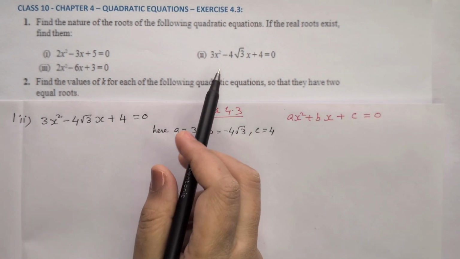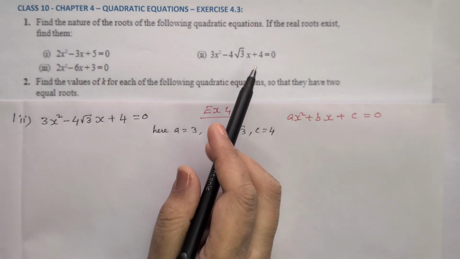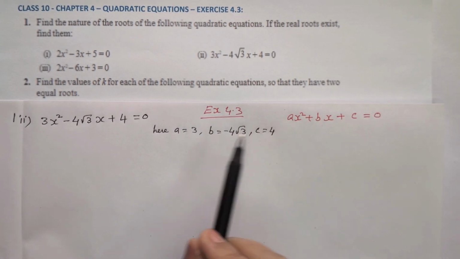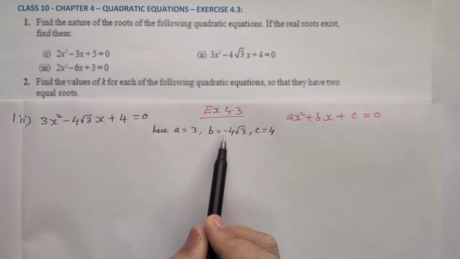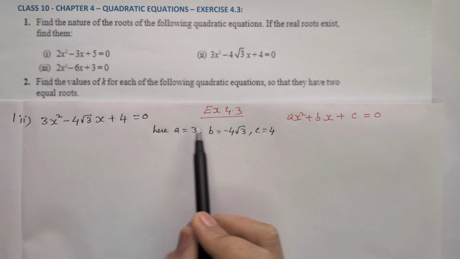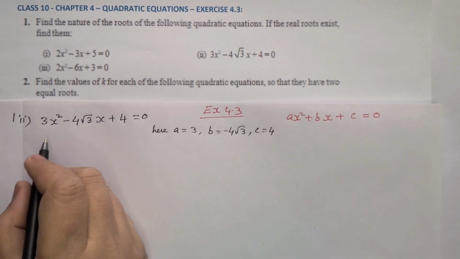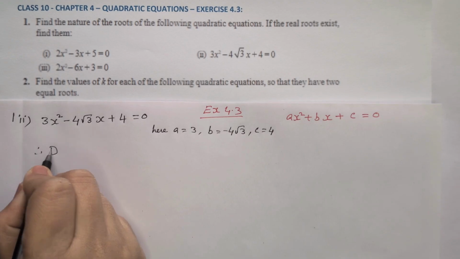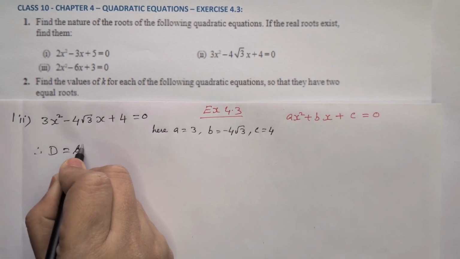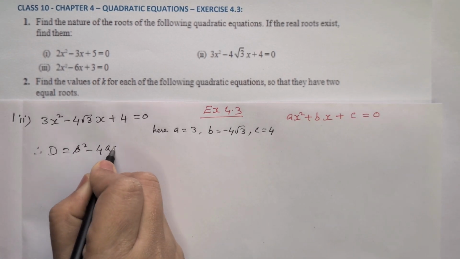Second one, 3x² − 4√3x + 4. Comparing with this, a is equal to 3, b is equal to the coefficient of x, that means −4√3, c is the constant 4. Then we can find the discriminant, D is equal to b² − 4ac.